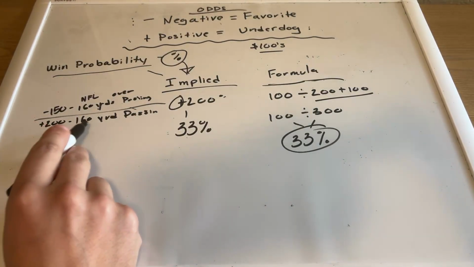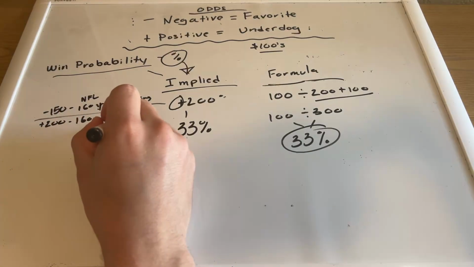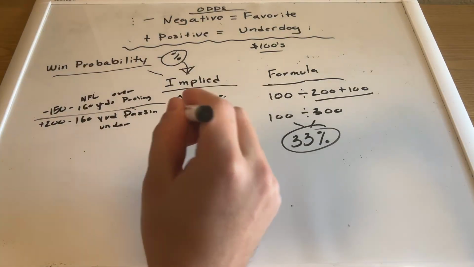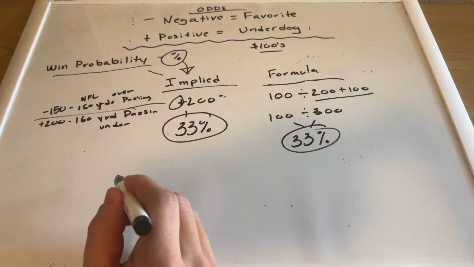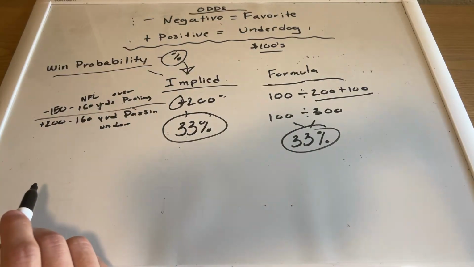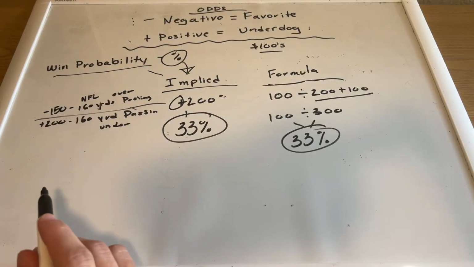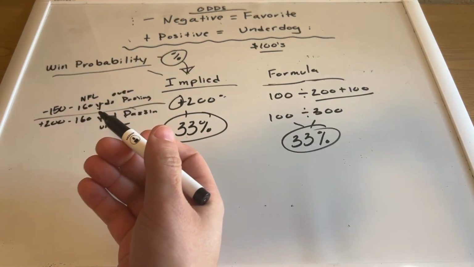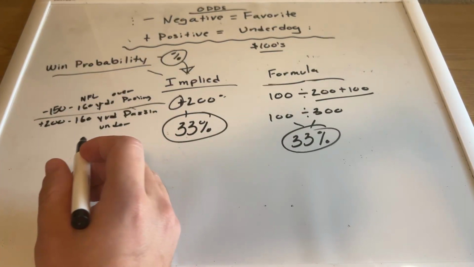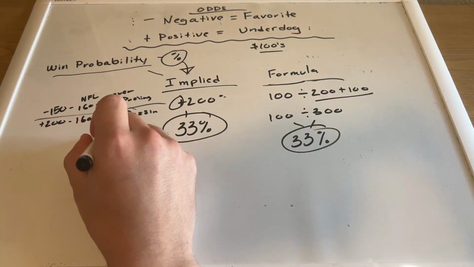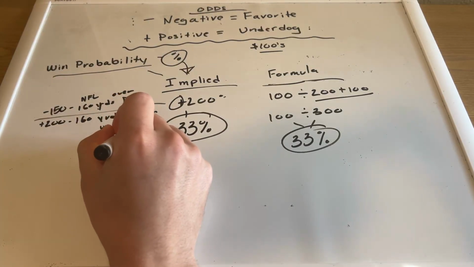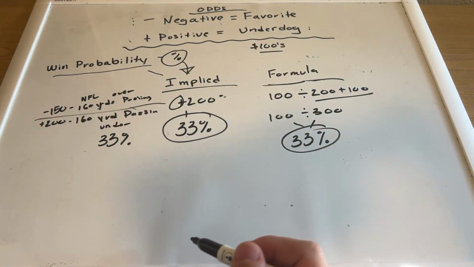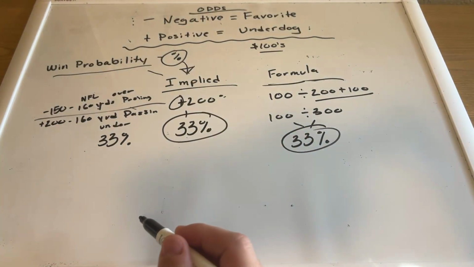So plus 200 for him to go under on 160 yards passing. Your win probability, if you went this route, would be a 33% chance of him going under, which would be unlikely. So 33% would be your implied probability. That's the formula for positives.